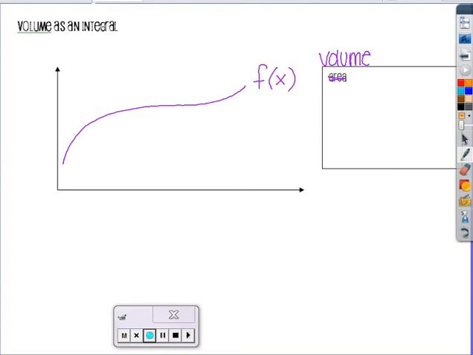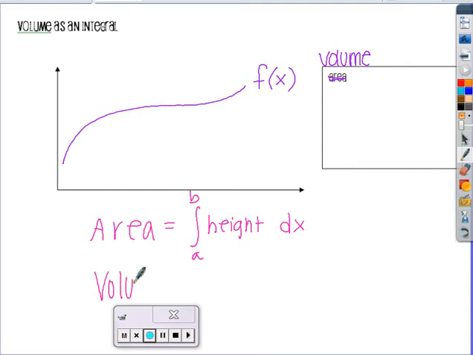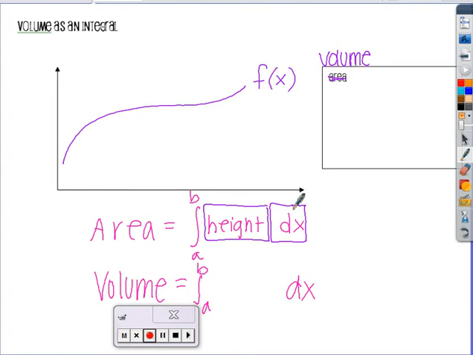Well, let's talk a little bit about area. We found area by finding the integral from a to b of a height multiplied by dx. Well, I'm going to give you a clue about volume. You're going to do an integral from a to b, and you're still going to multiply by dx. And what I said a second ago was that's one dimension multiplied by another dimension. So that height, let's use real units.